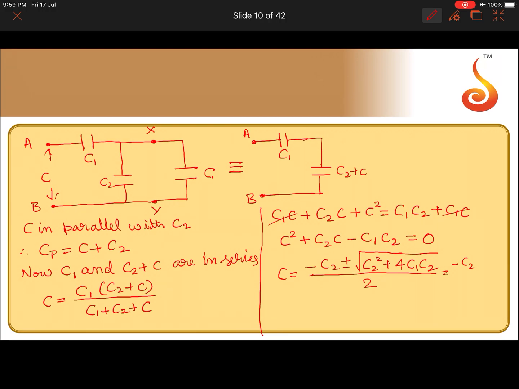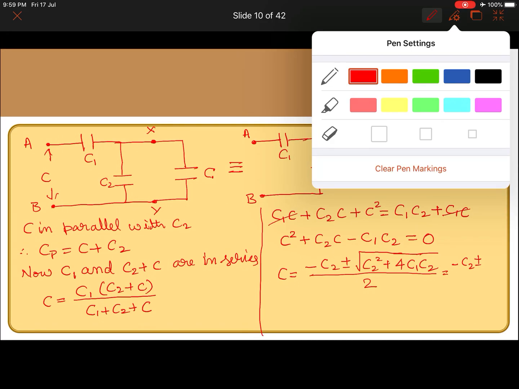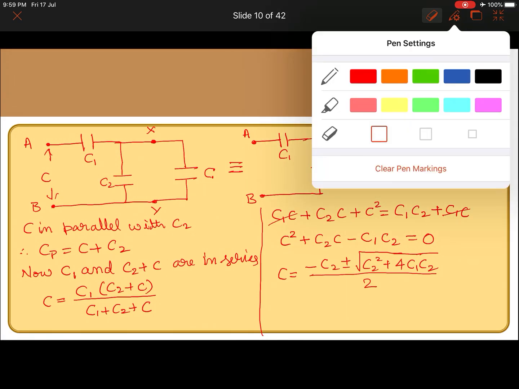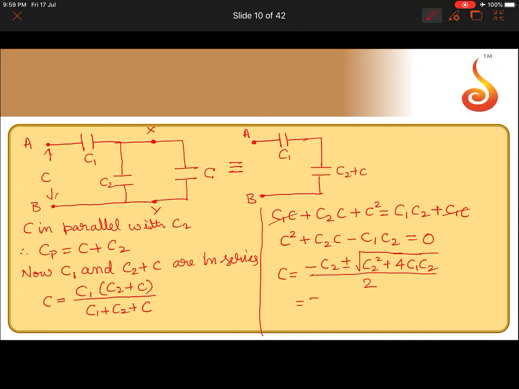So, you will get minus C2 plus or minus C2 comes out, it will be 1 plus 4 into C1 by C2, divided by 2, where C2 can be again taken common.